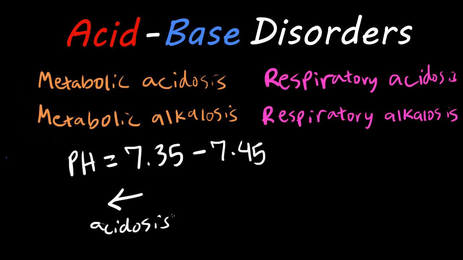We're too acidic. Less pH means more acidic. And then if it's the opposite, we're going to fall into the category of alkalosis. So anything above 7.45, we're going to end up with either respiratory alkalosis or metabolic alkalosis, depending on where the problem is resulting from. And then if it's under 7.35, we're going to have metabolic acidosis or respiratory acidosis.